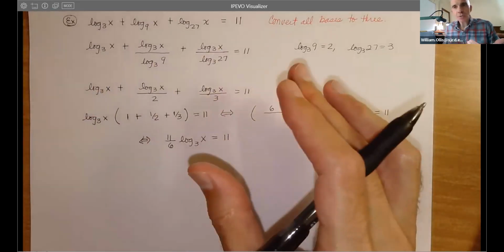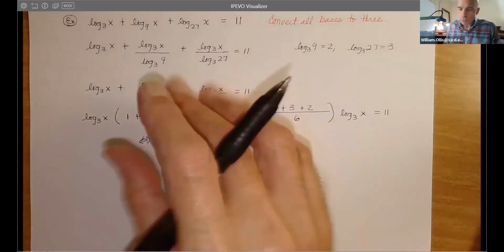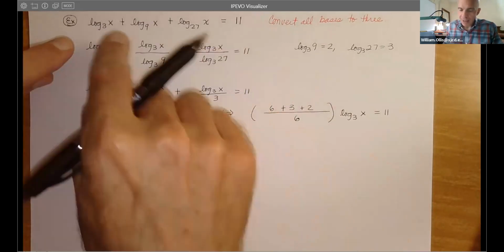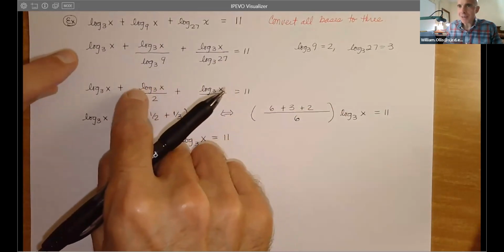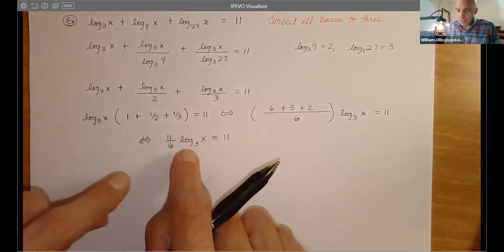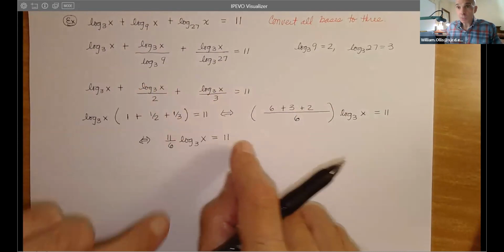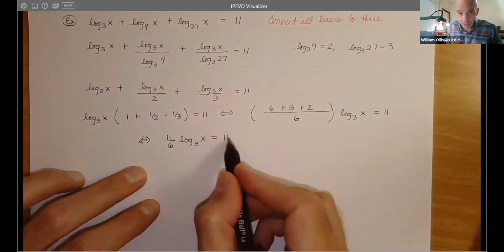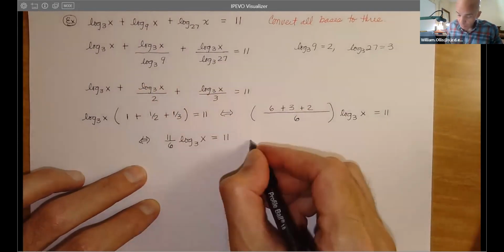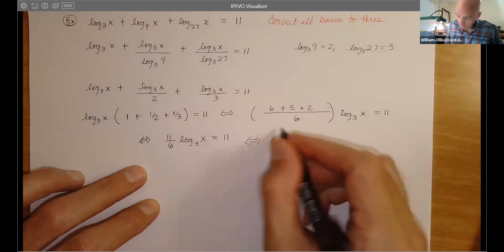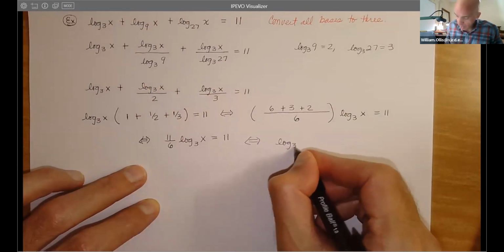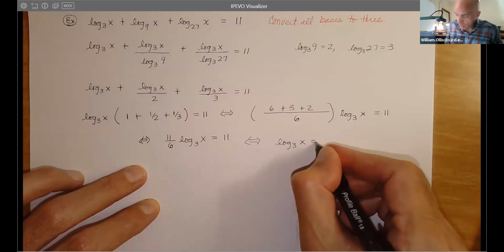That is, as you do these types of problems, what we're trying to do is combine things in a way that's mathematically coherent and then use the definition of the logarithm. So now notice the 11's absorb and we can cross multiply by 6. So the base 3 logarithm of x is just the number 6.